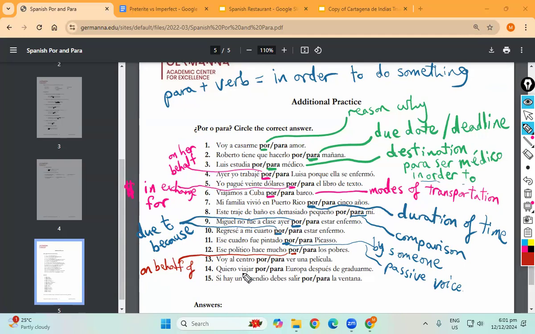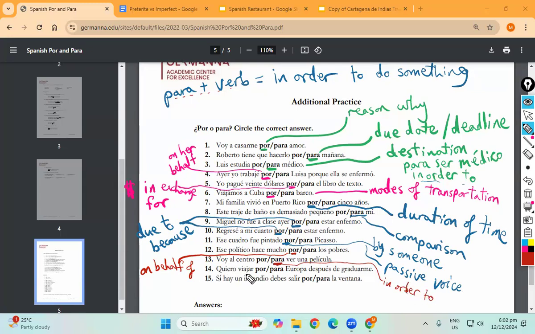All right. Voy al centro para ver una película. Well, we sort of just talked about that up here. Para plus a verb. So I went to the square, to the center, to see, in order to see. Right? So this is in order to.